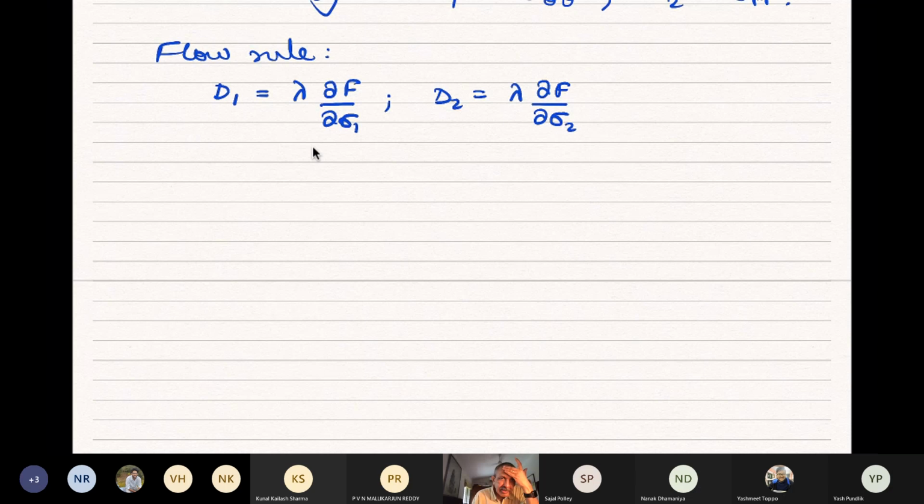And so this actually gives us that d1 by d2 is just equal to del f by del sigma 1 divided by del f by del sigma 2.